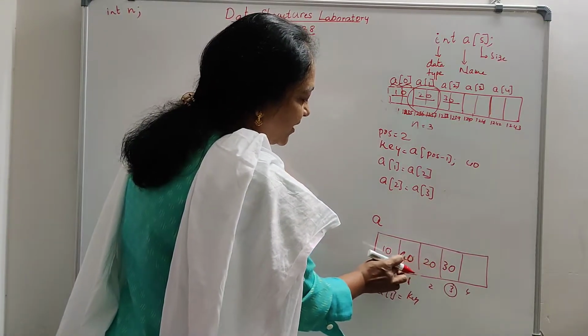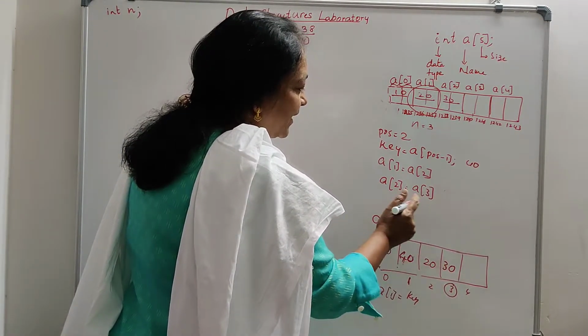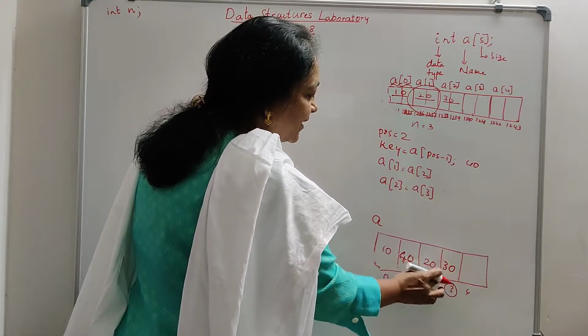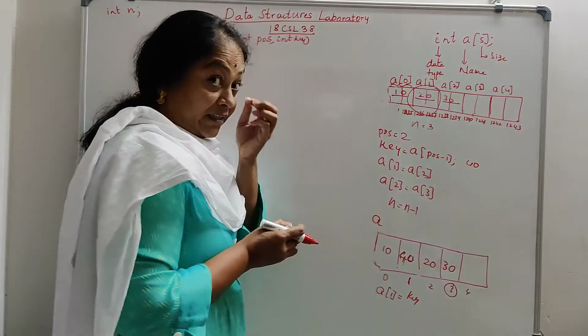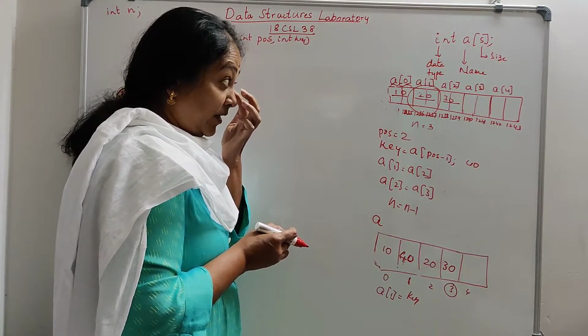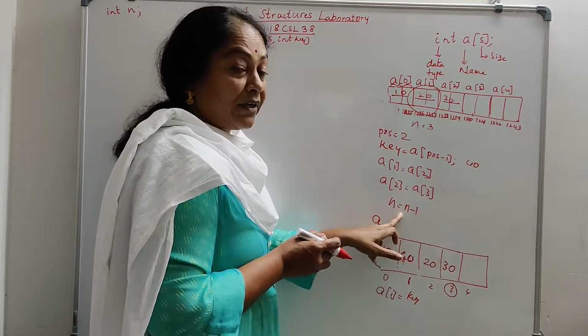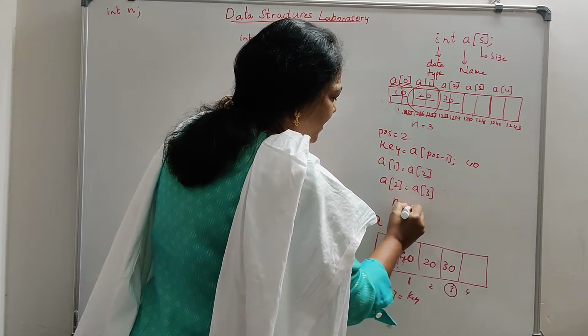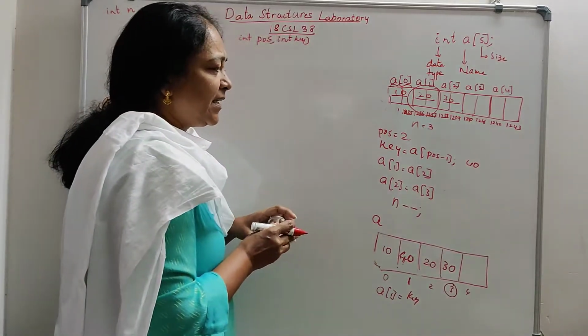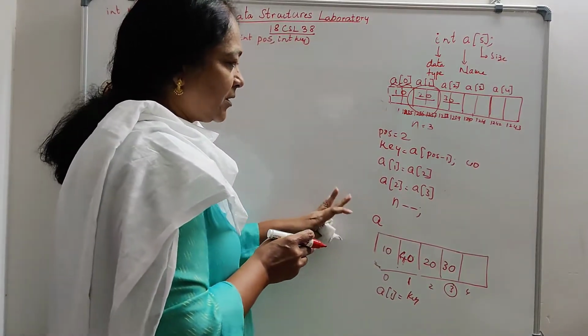So this will be copied here and this will be copied here. Next, because this is no longer needed, I will reduce the value of n to n minus 1, because the number of elements has been reduced to n minus 1. You can directly write n minus minus or minus minus n, anything you can write. So this is the only logic behind this.